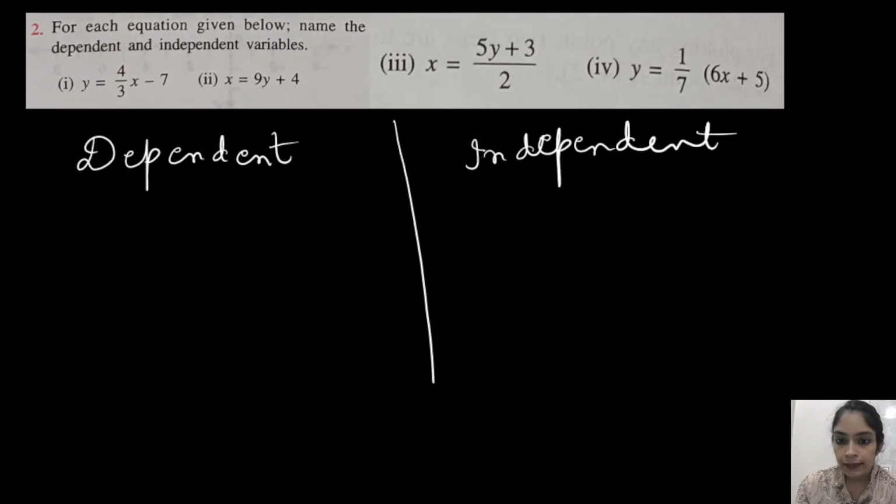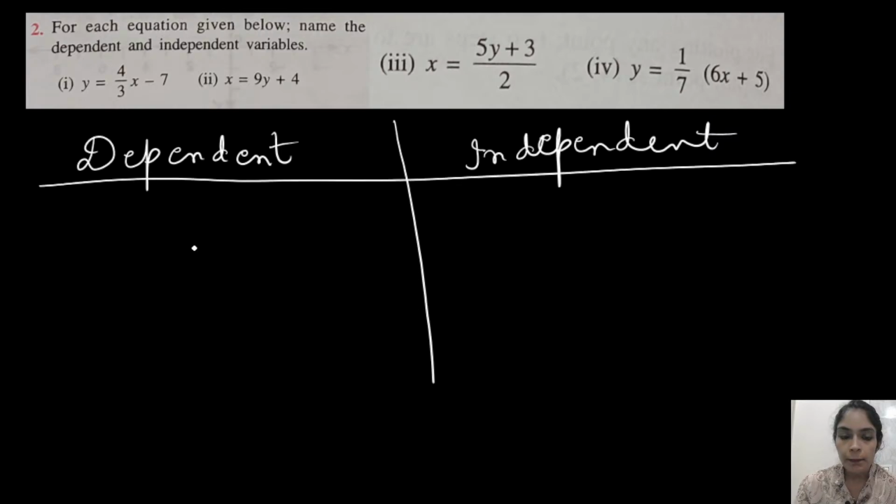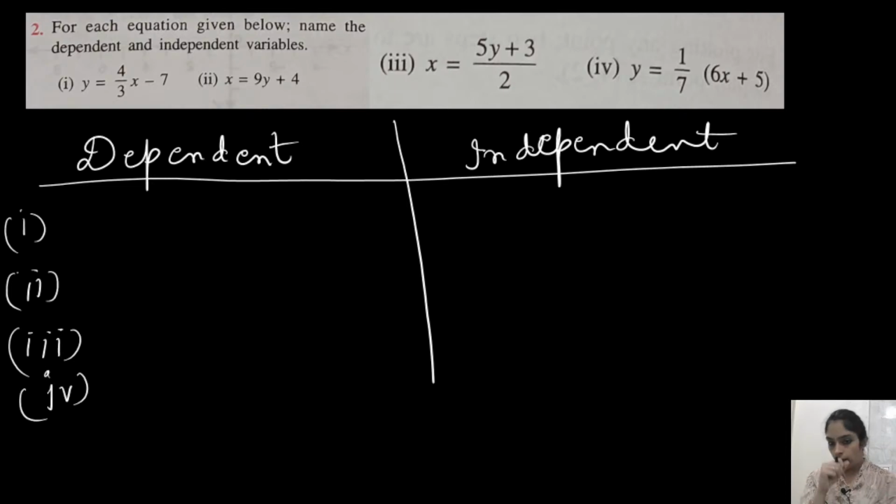So four parts are there. Let's make a table. First part, second, third, fourth. So we have to write which variable is dependent and which one is independent.